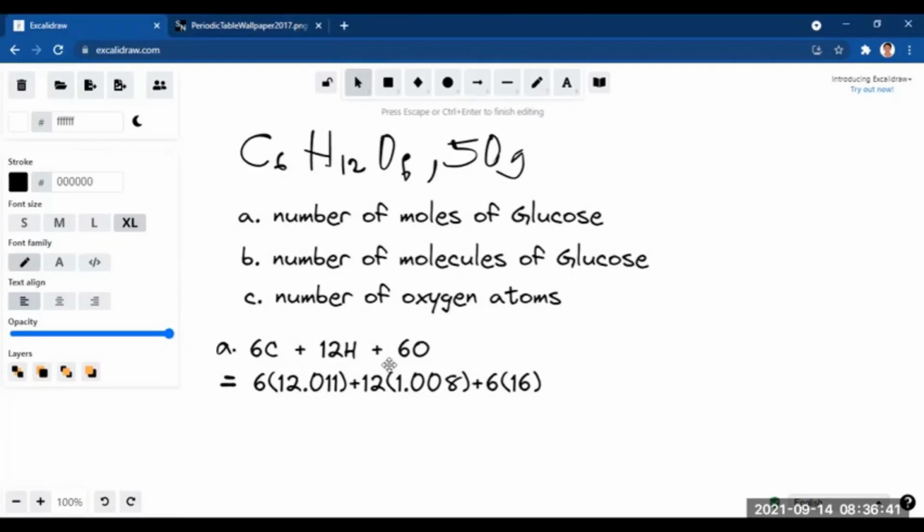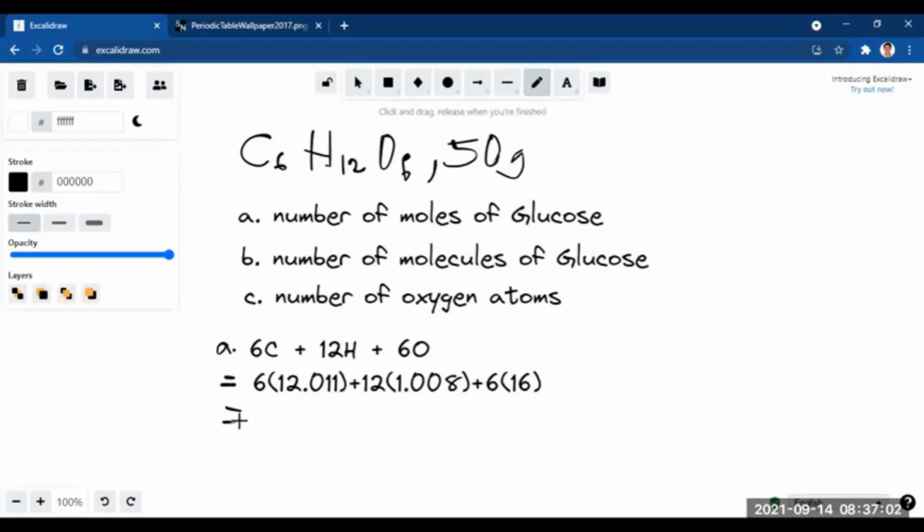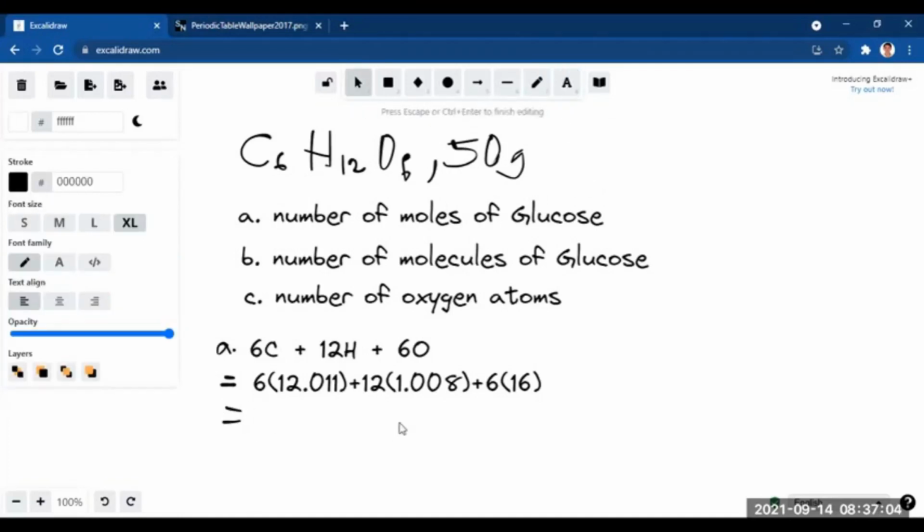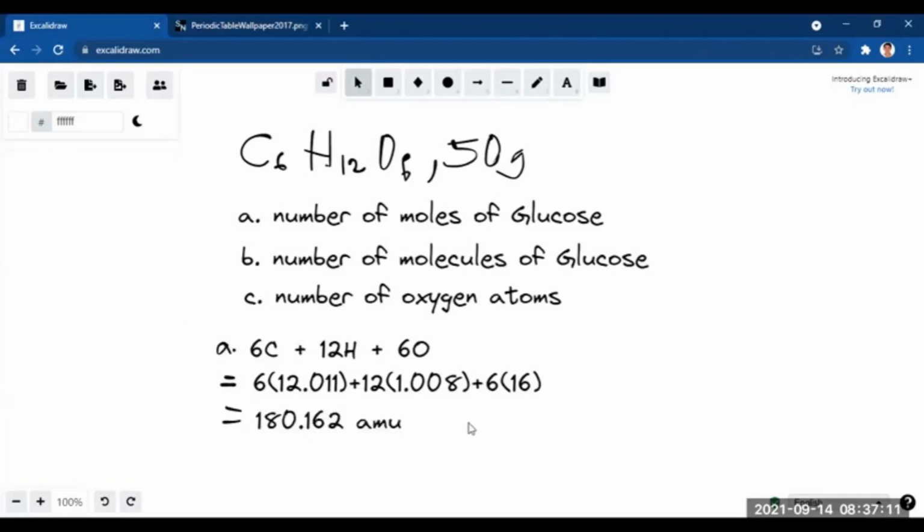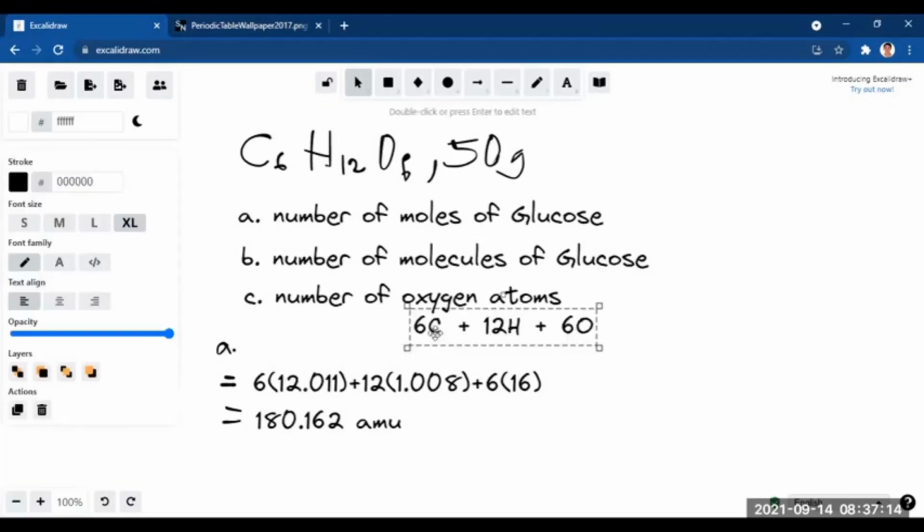So 6 times 12.011 plus 12 times 1.008 plus 6 times 16. So 180.162. Or let's just use 180.16. This is the molar mass. Right? So this is just the first step.